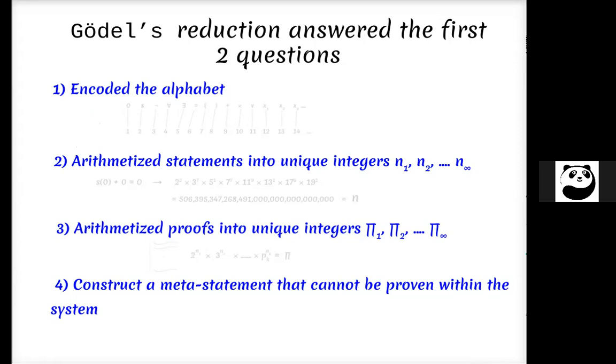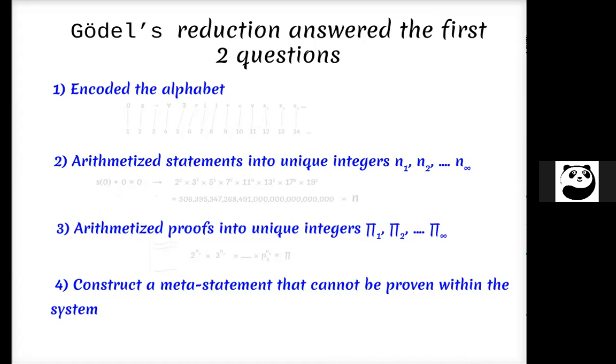And then we arithmetized the statements into unique integers by raising every symbol in the statement to the nth prime number, which guarantees that every statement will have a unique number. This is true by the fundamental theorem of arithmetic, the uniqueness of factorization of prime numbers.